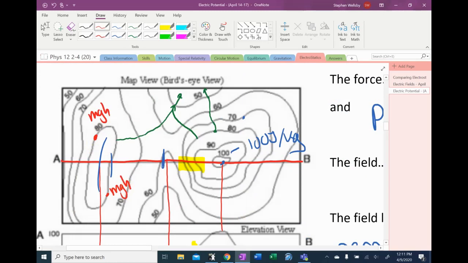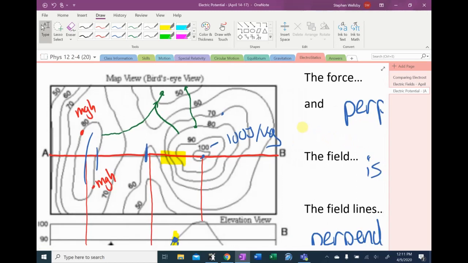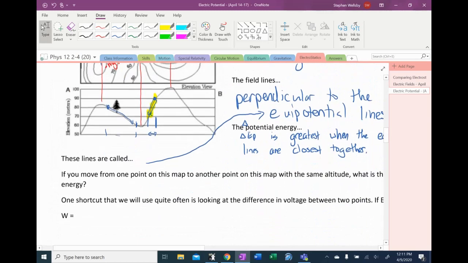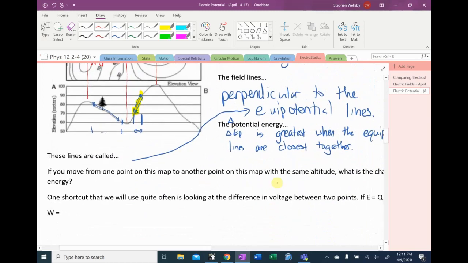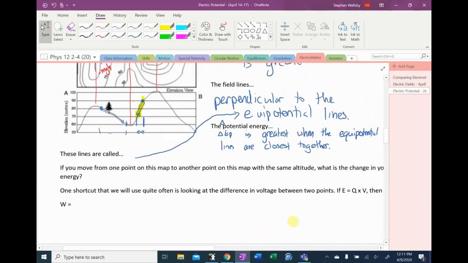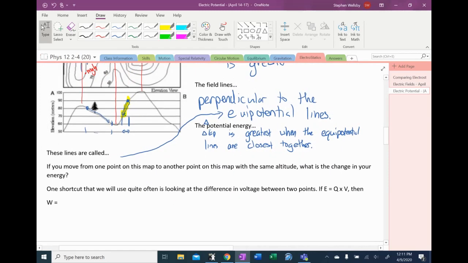And in both of those cases, the h is the same, the g is the same, and the m is the same. So when you move from one point to another along an equipotential line, you don't change any energy. So if you move from one point on the map to another point at the same altitude, the change in potential energy is going to be 0.